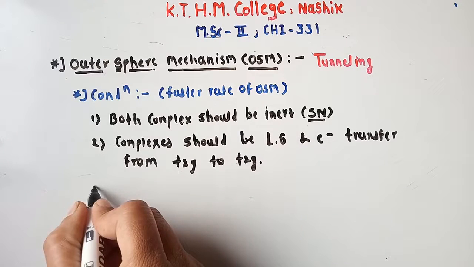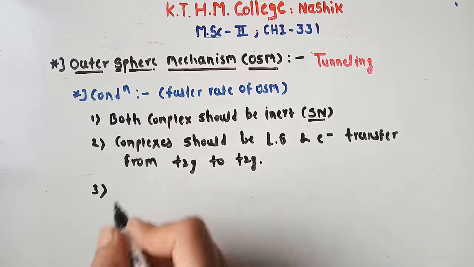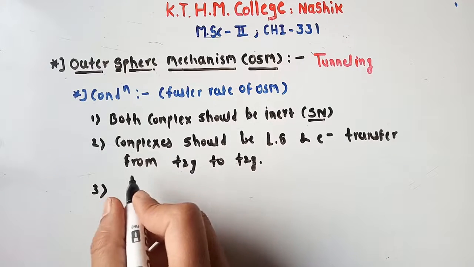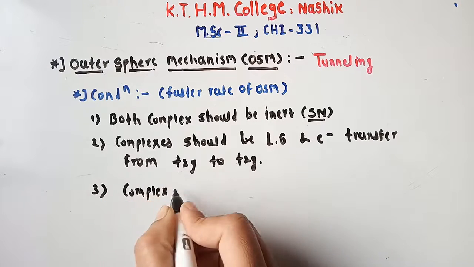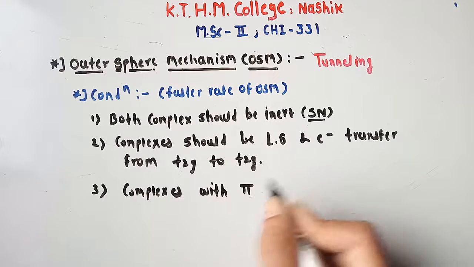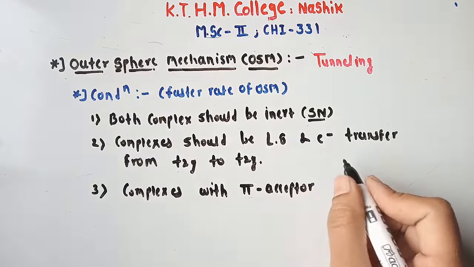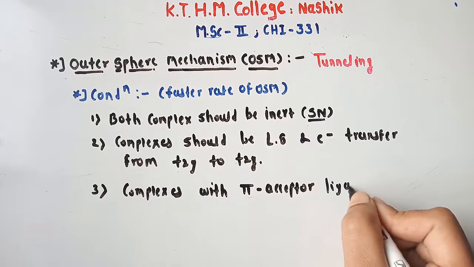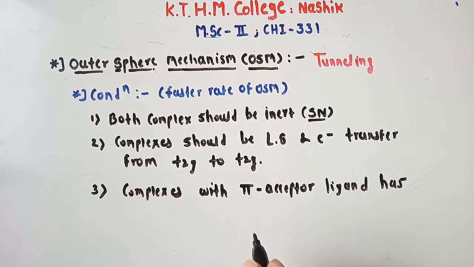Let's see the third condition. There are actually four conditions, and all are very important for OSM. For the third condition, complexes with a pi acceptor ligand have an exceptionally high reaction rate.